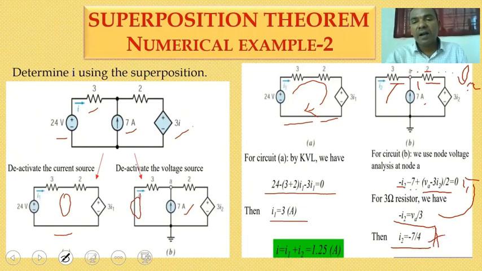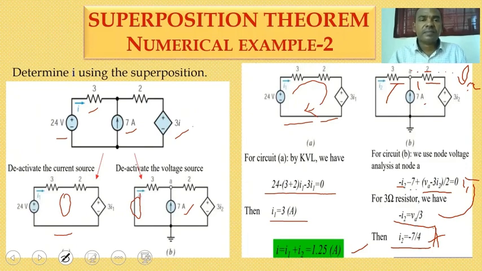Then, according to the superposition theorem, the overall response is equal to the algebraic sum of the responses when one source is acting at a time. So I is equal to I1 plus I2, that is 3 minus 7 by 4. Finally you can get 1.25 amperes. Do you understand, students?